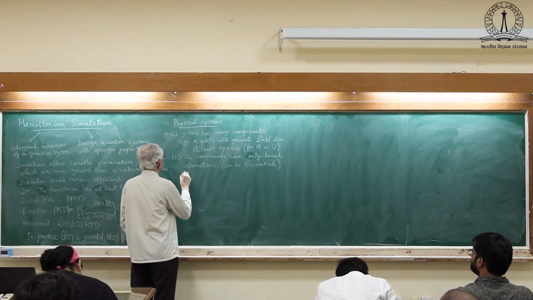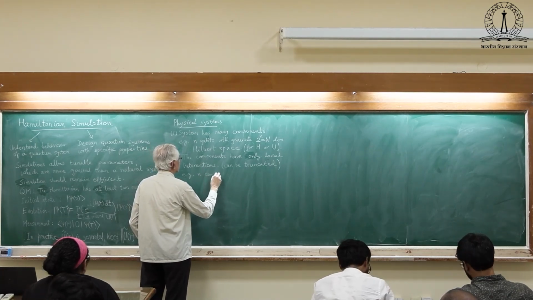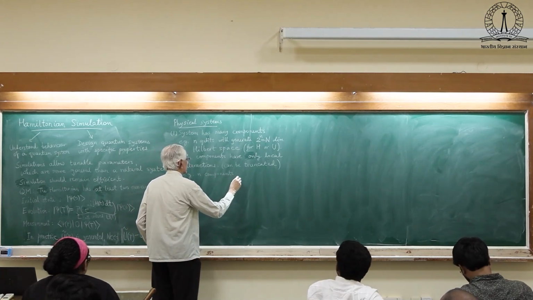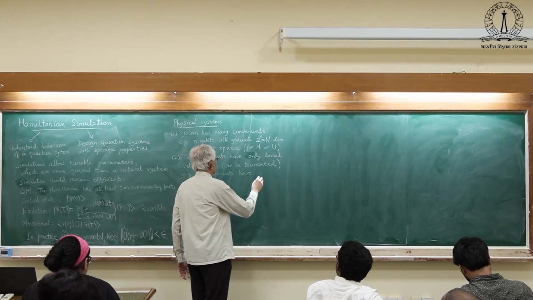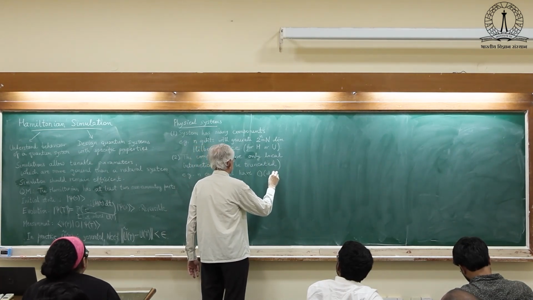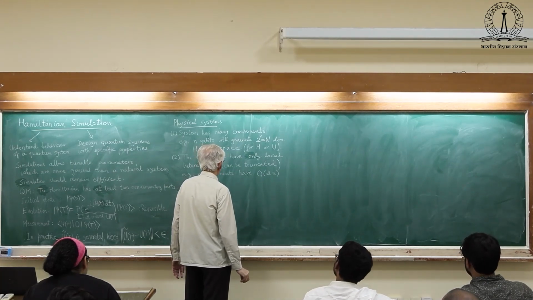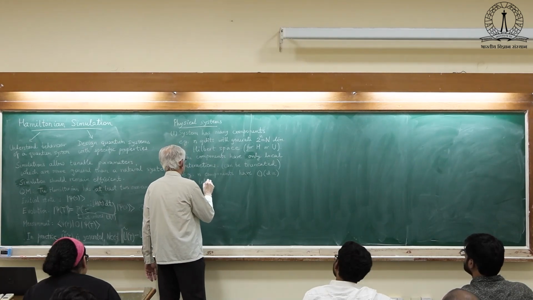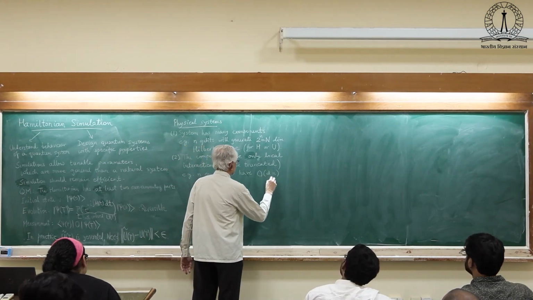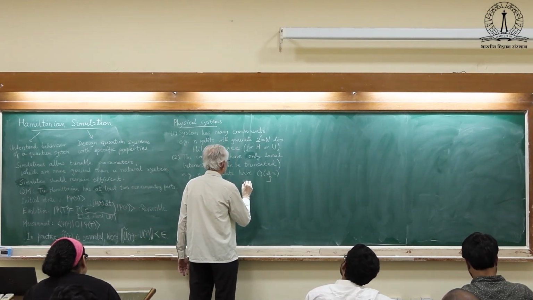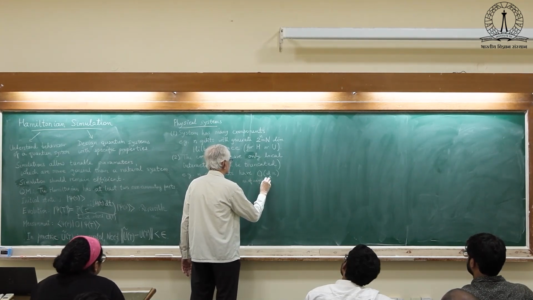For example, these n components have order d times n interactions, where d is kind of the thing I was using in the last lectures, the number of neighbors.